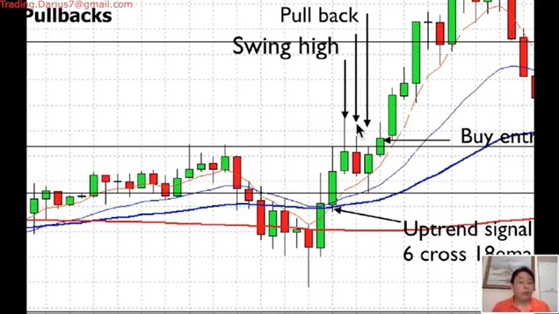So what do we do? The moment this candle closes, we will change our buy order and now shift our buy order to above the high of this candle. Okay, so we keep shifting our buy order till it gets triggered by a new high. Make sense? Okay, so our buy order is right above this candle's high right now.